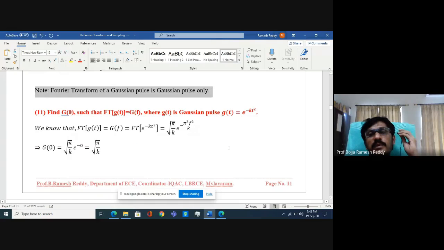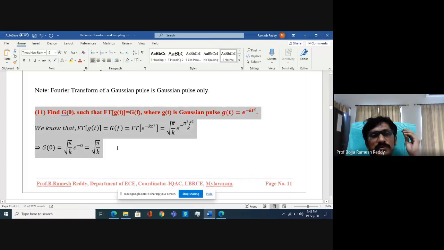Next, question number 11. Find capital G of 0, given in the GATE exam. See this question, it is simple, but we have to use the previous concept: Fourier transform of a Gaussian pulse is a Gaussian pulse only.